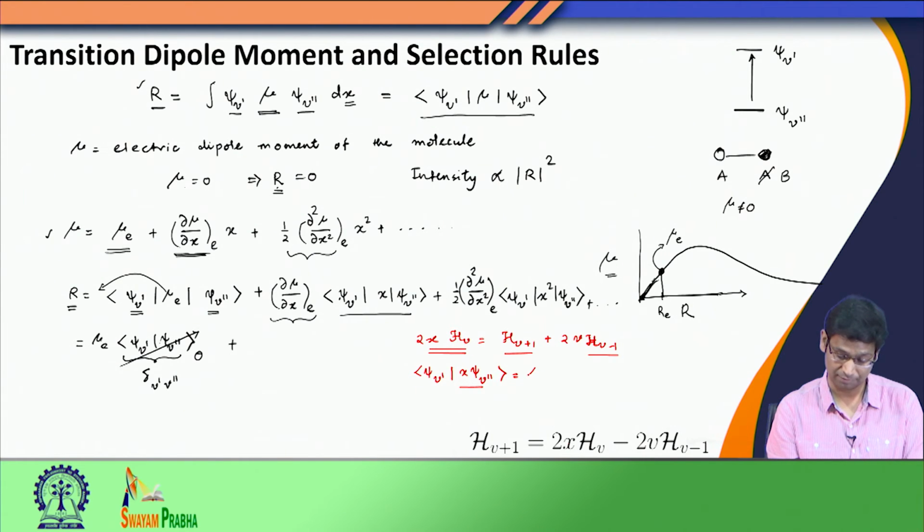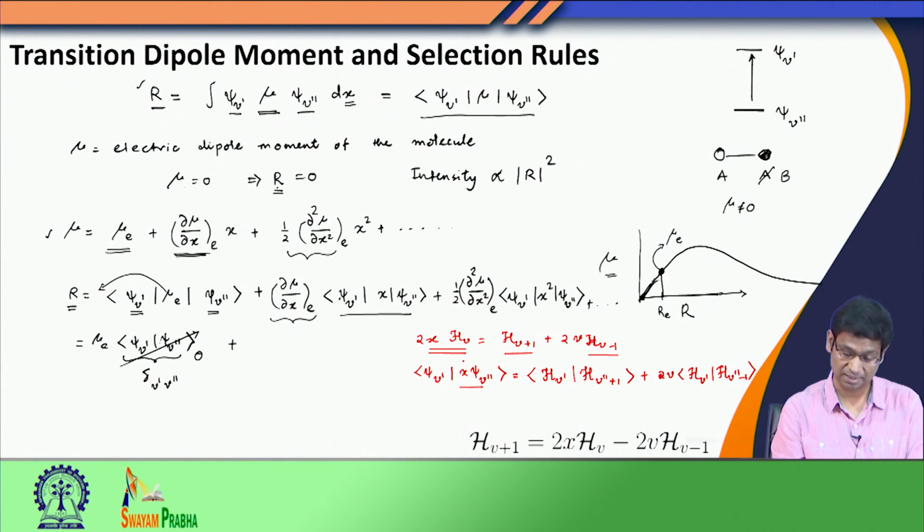Therefore, I have in the bra side h v prime, and in the ket side we have the first term h v double prime plus 1, plus 2 v h v prime, forgive me, there is no 2 v, h v prime h v double prime minus 1.